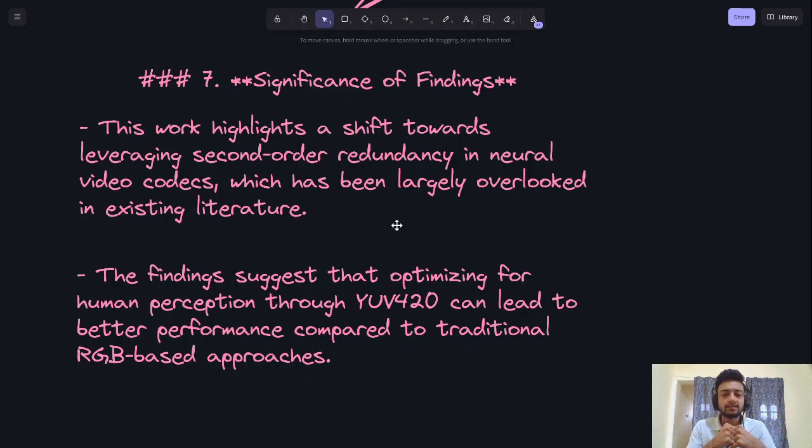The findings suggest that optimizing for human perception through YUV420 can lead to better performance compared to traditional RGB-based video approaches.